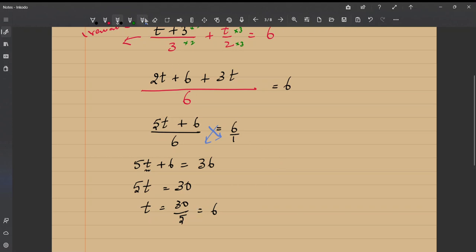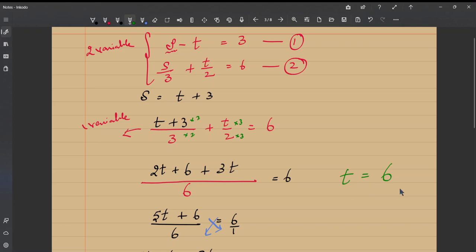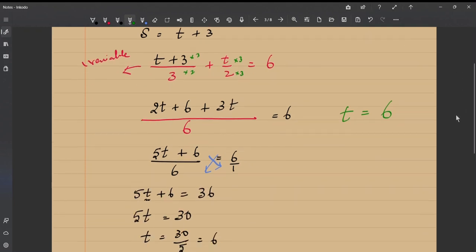Now, we have found the value of t. t is equal to 6. Now, all we have to do to find the value of s is substitute t is equal to 6 in our first equation, s minus t is equal to 3.